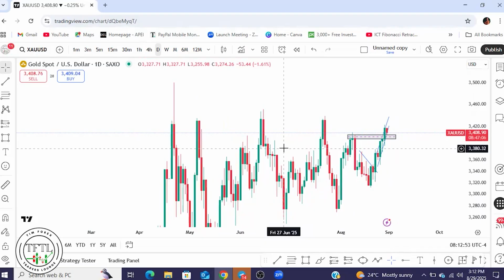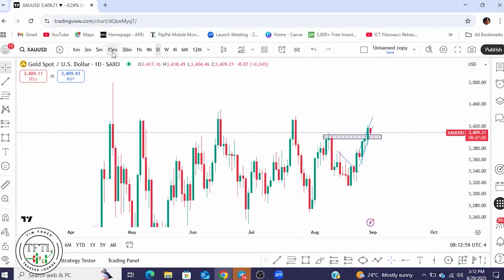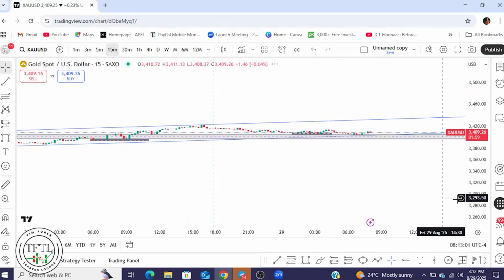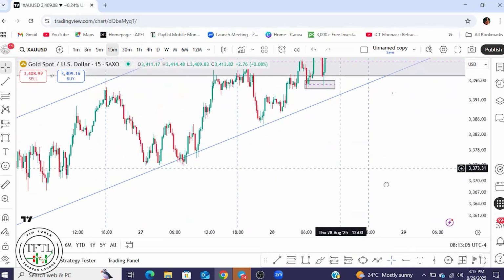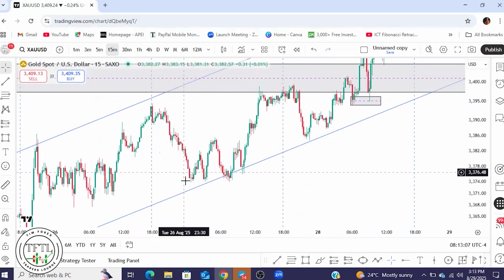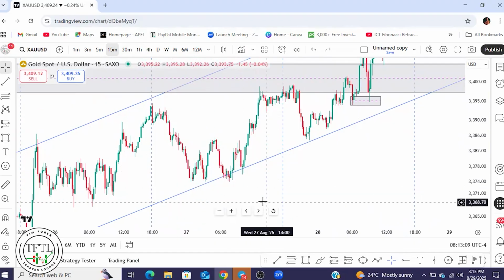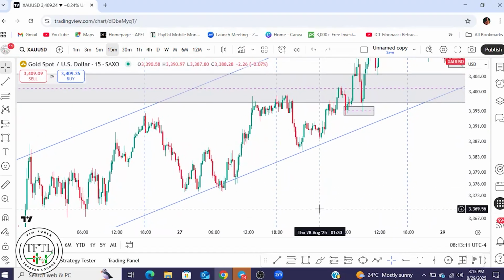Sometimes the Asian session does move gold, but I try to avoid gold then because sometimes it can really consolidate in the Asian session. Not many moves, not much volatility, but sometimes it moves. Like you can see here, it really moved a lot in the Asian session. But mostly I focus on the London session and more specifically the New York session because of the aspect of the dollar.